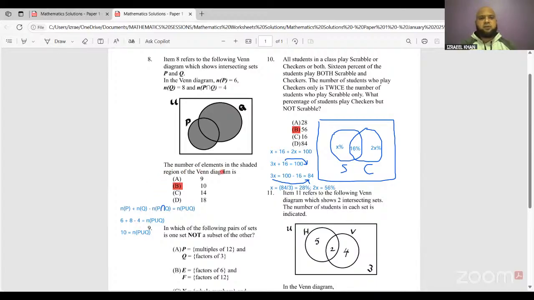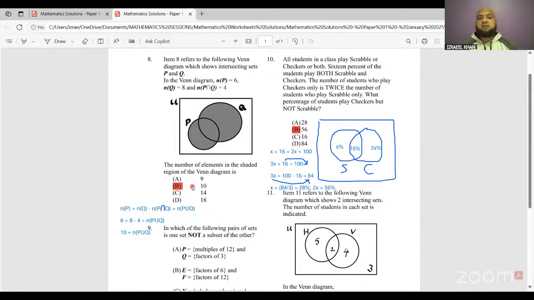Because down here they're asking for the number of elements in the shaded region. The shaded region represents everything, that's the union of P and Q. So they're asking for the number of elements that belong to P union Q. Now 6 add 8 is 14, and 14 minus 4 is 10.